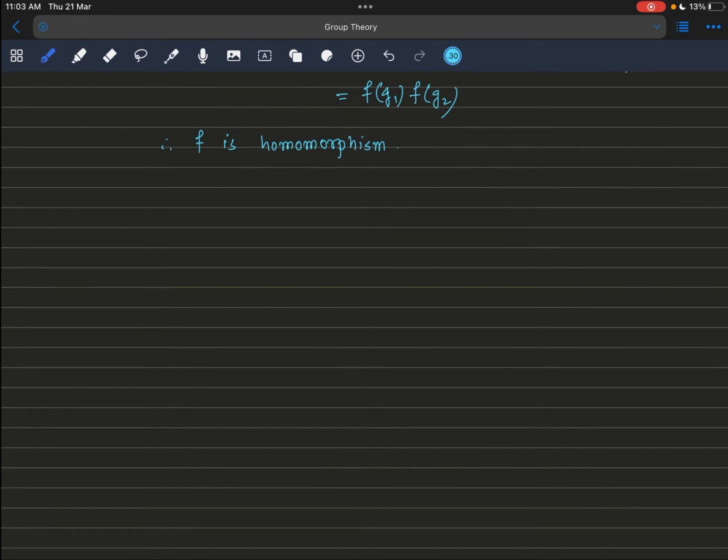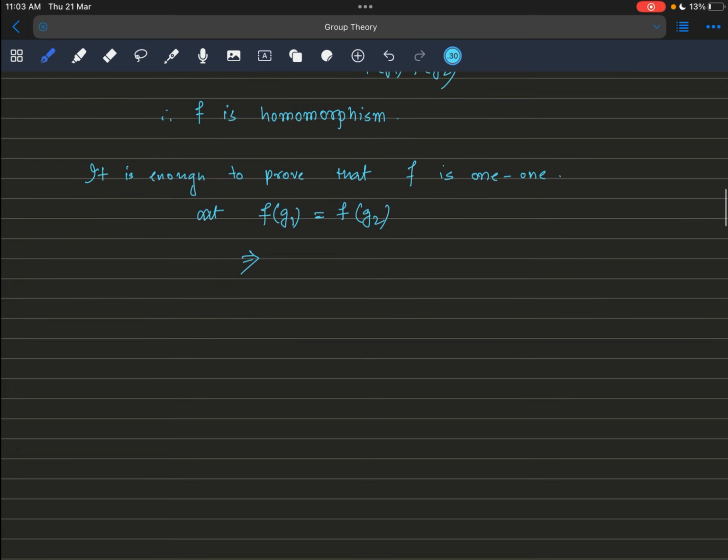So it is enough to prove that f is one-to-one. Let f of g1 equal f of g2, which is g1 to the power m equals g2 to the power m.